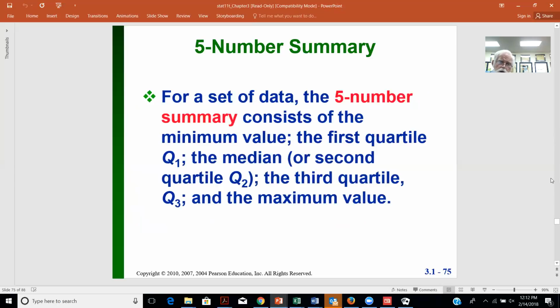Any data set can be given what we call a 5-number summary: the minimum, Q1, median or Q2, Q3, and max. 5 numbers describe all of that. We're talking about the value at those levels.